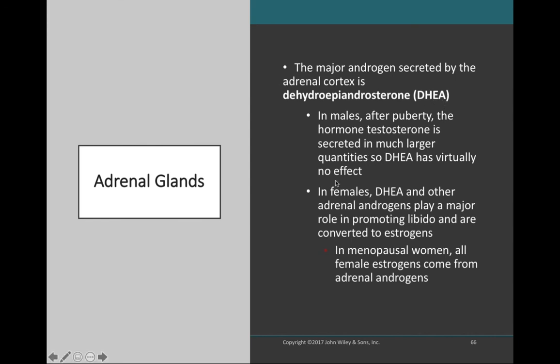Now, we don't see this hormone having a great effect in males as there's more testosterone release after puberty. However, in females, DHEA is eventually going to be used to make estrogen, and it also stimulates the sex drive. The secretion of DHEA is mostly going to be regulated by way of adrenocorticotropic hormone that's coming from the anterior pituitary gland.